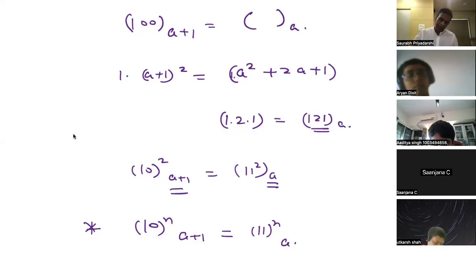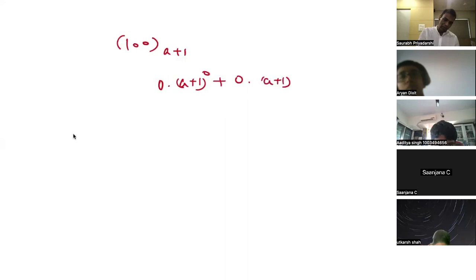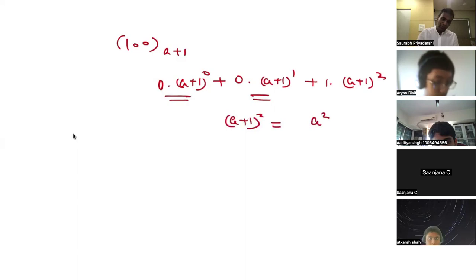Okay, this problem. See, I'm saying 100 with a base a plus 1. So 100 with a base a plus 1 means 0 into (a plus 1) to the power 0, plus 0 into (a plus 1) to the power 1, plus 1 into (a plus 1) the whole square. Right, this will be 0, this will be 0, this is nothing but (a plus 1) the whole square, which is a square plus 2a plus 1.